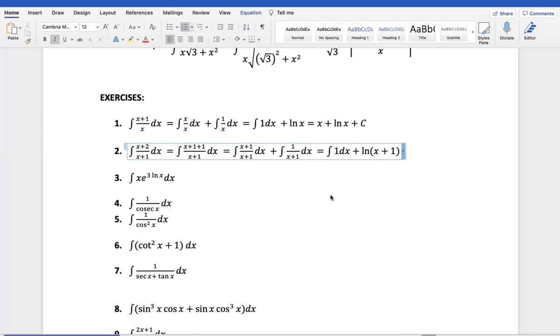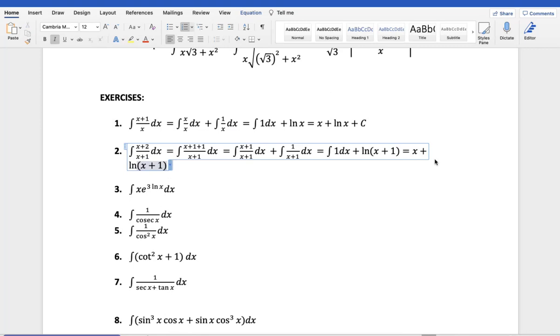Leaving out the constant of integration for now, we keep going, and we find that the integral of 1 dx, just like before, is equal to x, plus ln of (x plus 1), and now plus the constant of integration. So that should be our final answer.